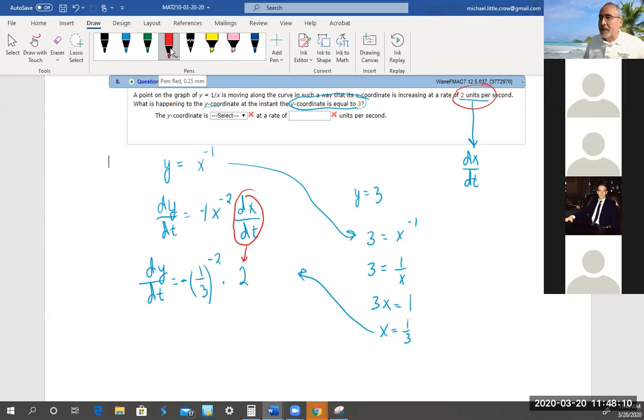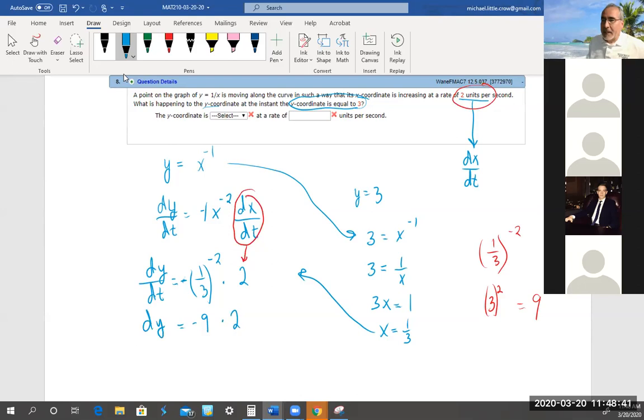Okay, yep. So when we're taking 1/3 to the negative 2, a negative exponent does a reciprocal. So that is 3 to the positive 2, right? The negative exponent does a reciprocal. 3 squared is equal to 9. And so this part here becomes negative 9 times 2.